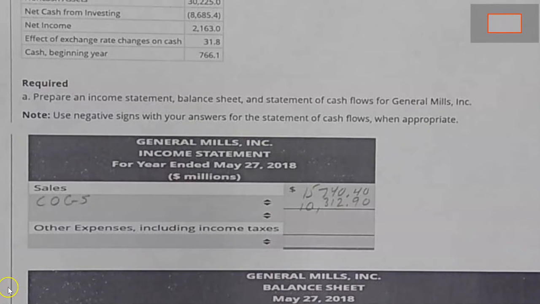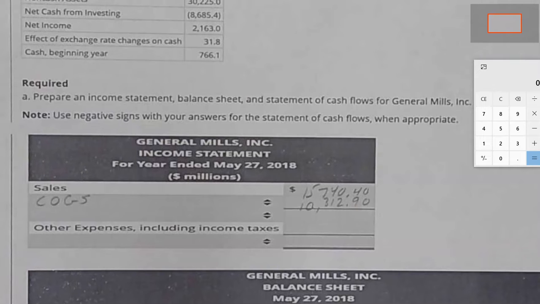The next item, let's see, I lost my train of thought. I had to grab my calculator for just a moment. We've got sales and cost of goods sold, so a revenue item and an expense item.